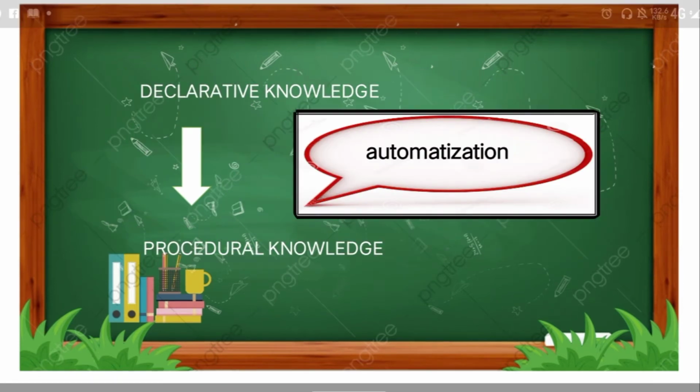Now let us look at this diagram. Development within skill acquisition theory entails the utilization of declarative knowledge, followed by procedural knowledge, with procedural knowledge optimization.